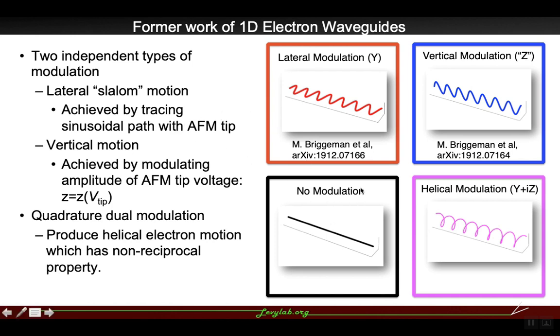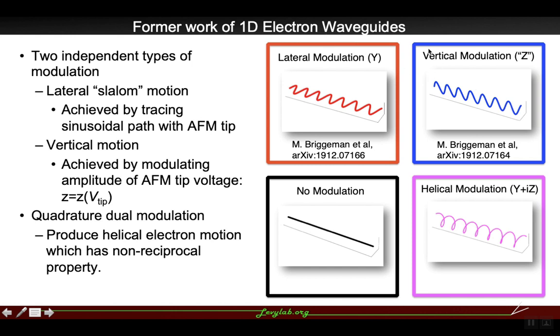So this is just a straight waveguide, and if we want to write some different waveguide, we could do a modulation, like a lateral slalom motion. It could be achieved by tracing a sinusoidal path with the tip.